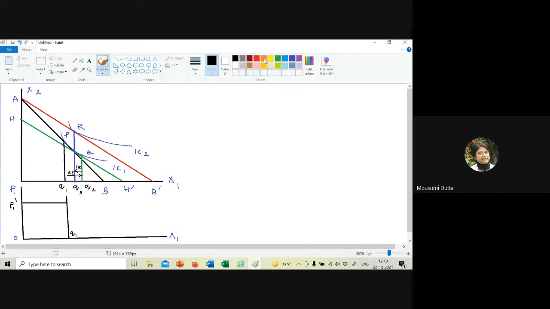Next we will drop this is Q2, this is Q3, and I am considering a new reduced price given by P12.